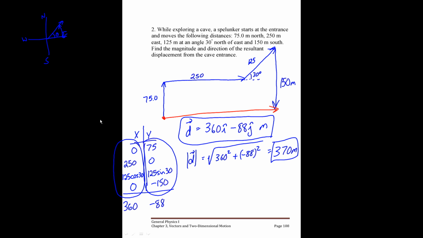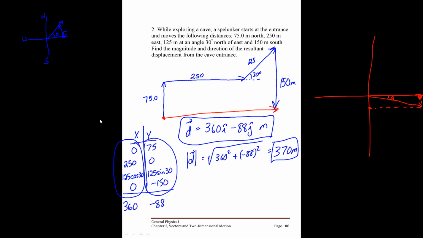Now, if I were to sketch out this vector, it would look like this. I'd have an x component of 360, so like right here, and a y component of negative 88. So my vector looks like this. So I want to know what is that angle.